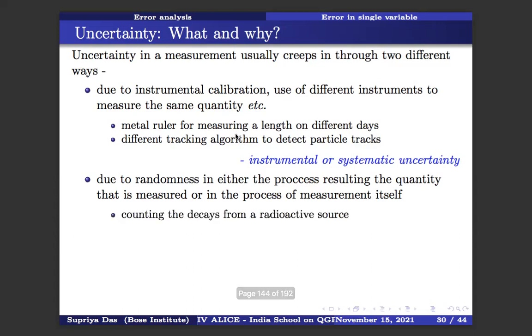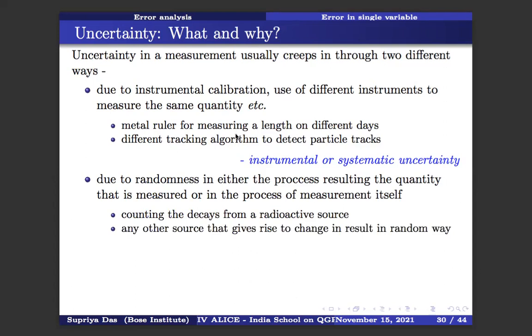Like counting the decays from a radioactive source. You know that a radioactive source producing the decay is itself random. It's not exactly the same every time. So that gives you that kind of thing, or any other source that gives rise to a change in result in a random way.